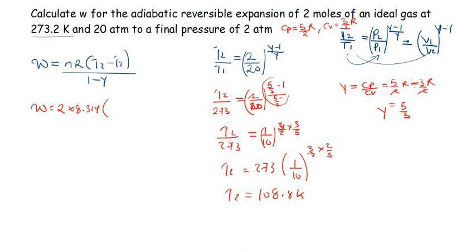So the change in temperature is now 108.8 minus 273.2. The gas was being compressed, so the temperature was reduced, and we'll see how it affects the value. By the way, I've forgotten the denominator here.